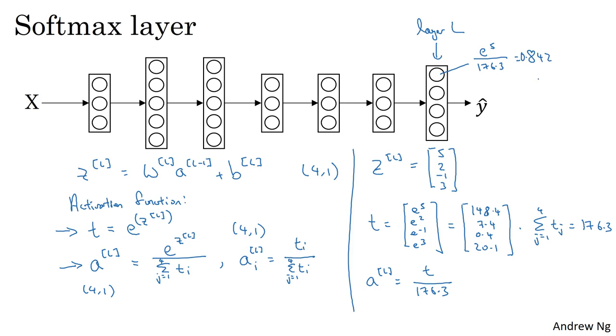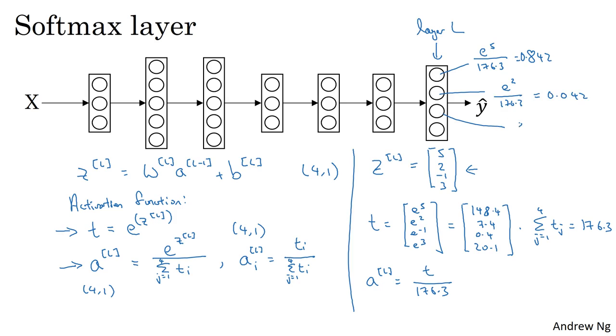0.842. So saying that for this image, if this is the value of z you get, the chance of it being class 0 is 84.2%. And then the next node outputs e squared over 176.3. That turns out to be 0.042, so it's a 4.2% chance.